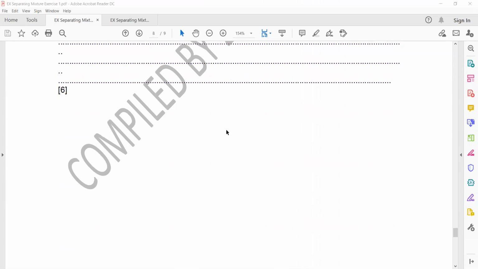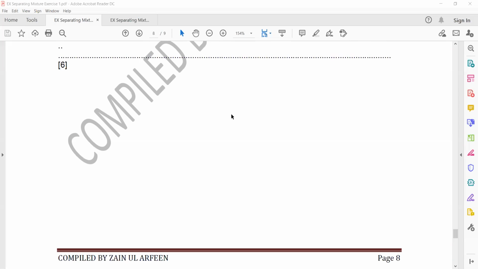So what will be the diagram? You will have a container or a flask, and you have solid nickel sulfate, hydrated. Hydrated means this contains water, water droplets.